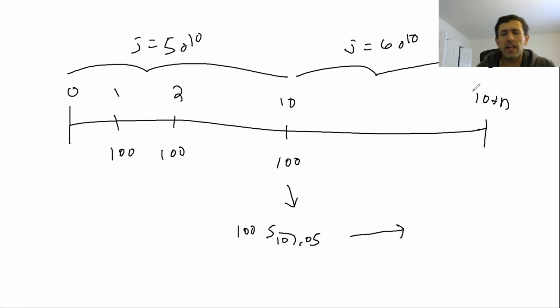From 10 to 10 plus n is n periods, which is pretty obvious. So this amount here, which I'll get in a second, s angle 10 at 5%, accrues n periods of interest at a per period interest rate of 6%. So it's 1.06 to the n.